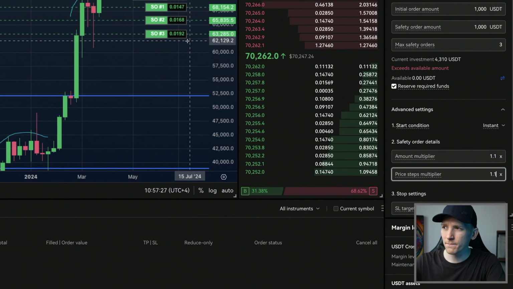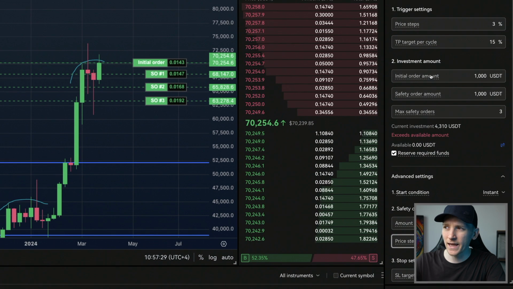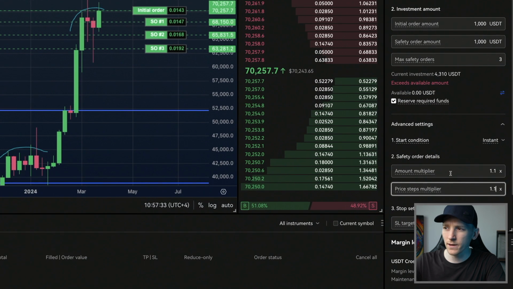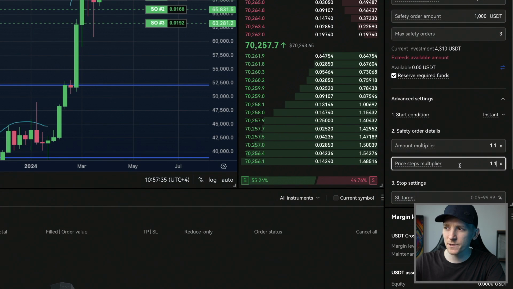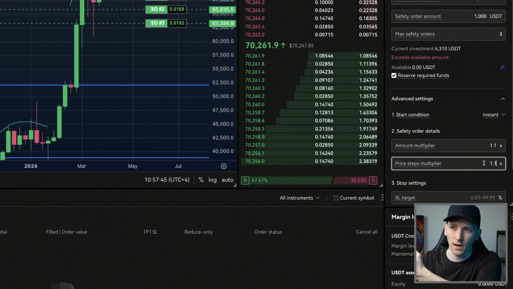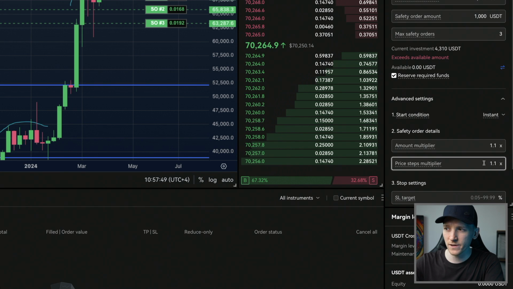What's happening is the difference between each price step is 3% right here. But what this is doing is multiplying each price step by 10%, right? So 1.1, so that's 3%. And then the 3% difference on the second is actually 3% plus 10% of that. It's kind of making them exponentially further away from each other.